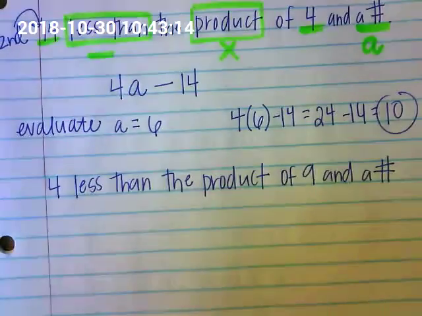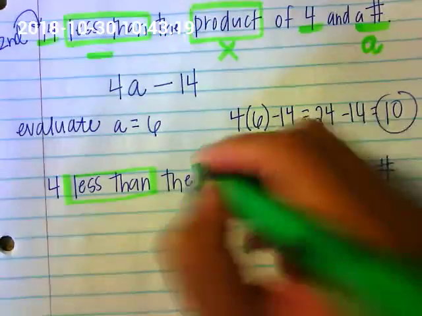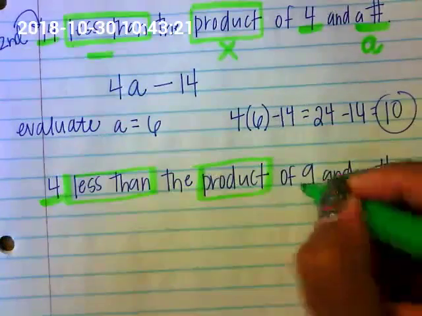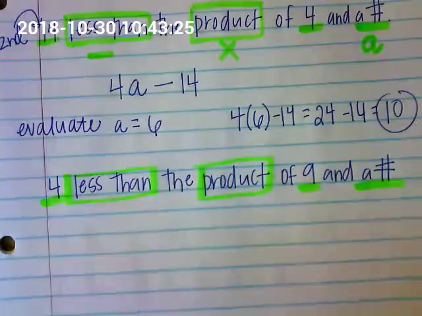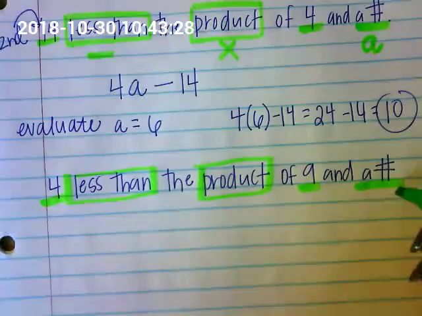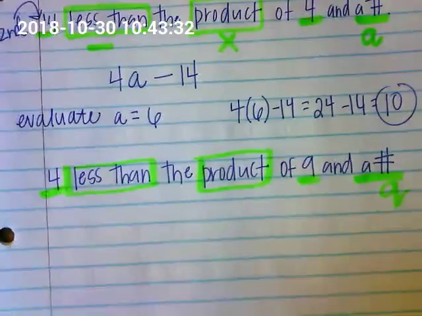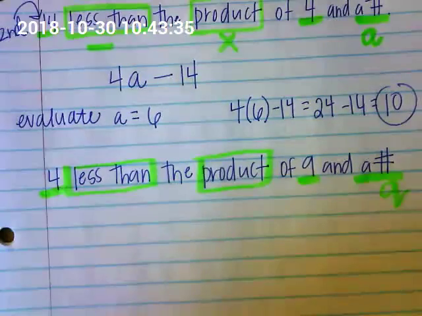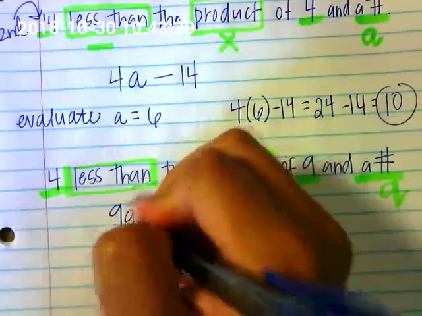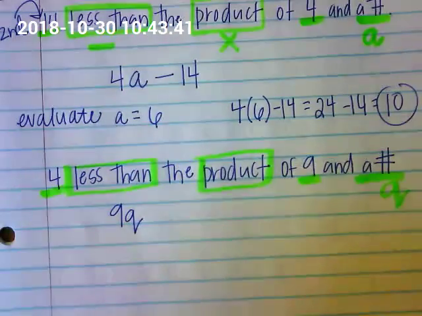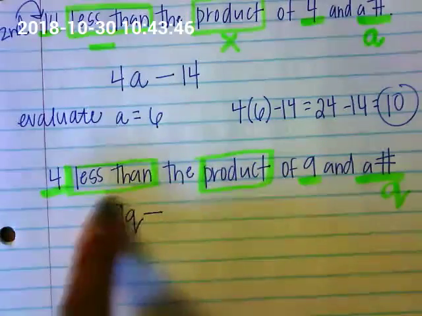Keywords. Less than. Product. Number. 4, 9, a number. What is our number going to be represented with? All right. So we know we have a product of 9 and a number Q. So we have 9Q. 9 times Q is 9Q. And we have 4 less than the product of this number.